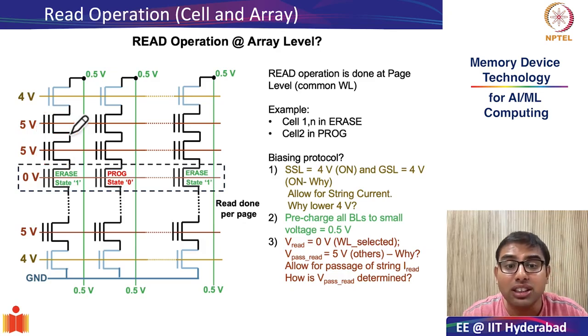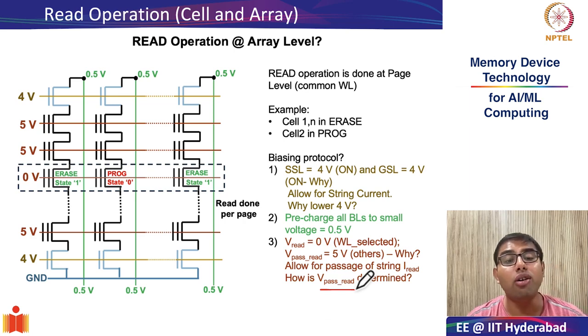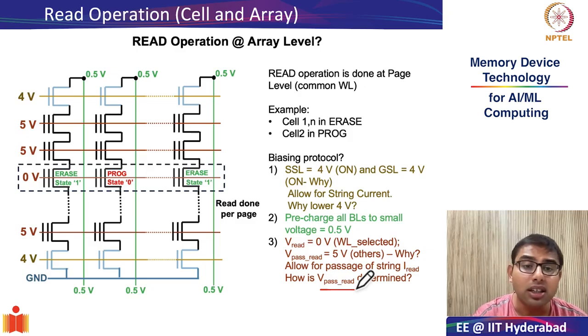So, an interesting question to ask, which we will cover in the next class also, but you can also think about, is: how is the pass voltage during read operation determined? If you think very carefully about it, I am giving you a hint. The pass voltage has to ensure that irrespective of the state of these cells which are not of our interest, the read current is allowed to flow through.